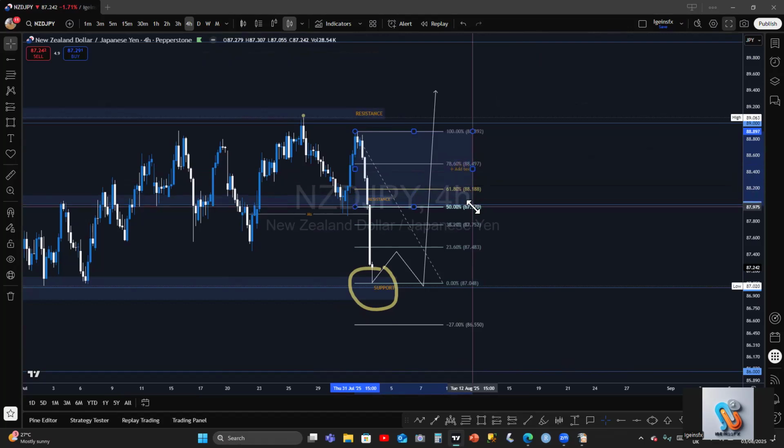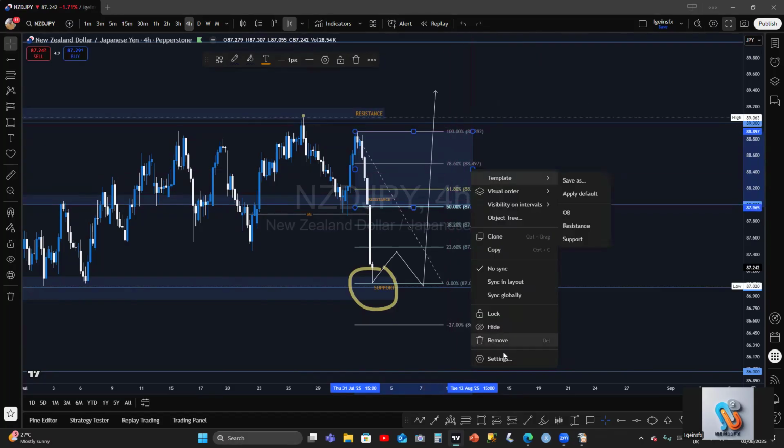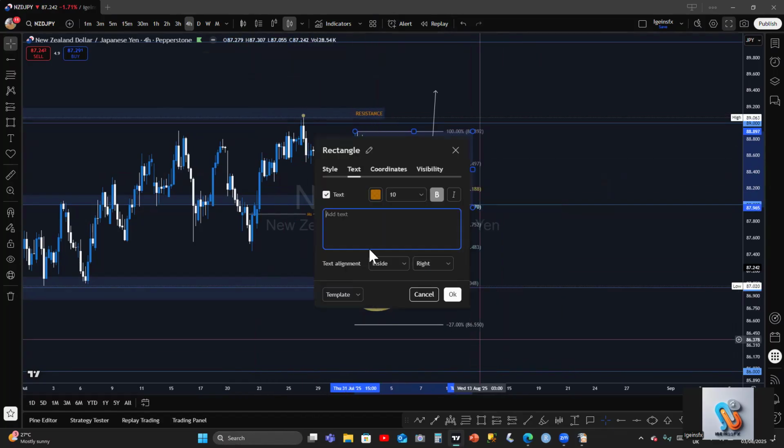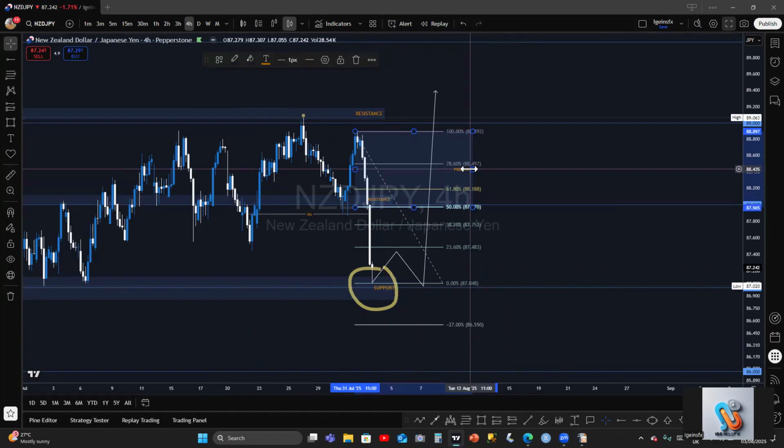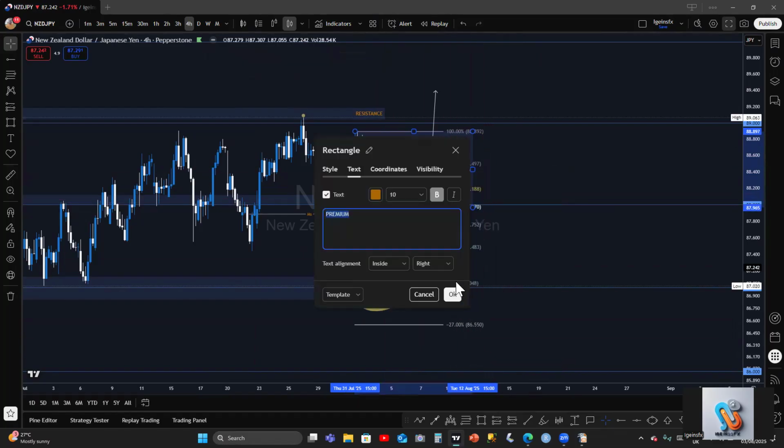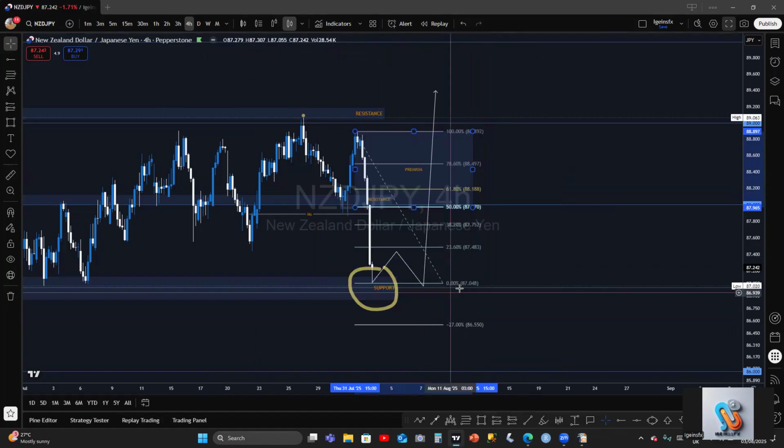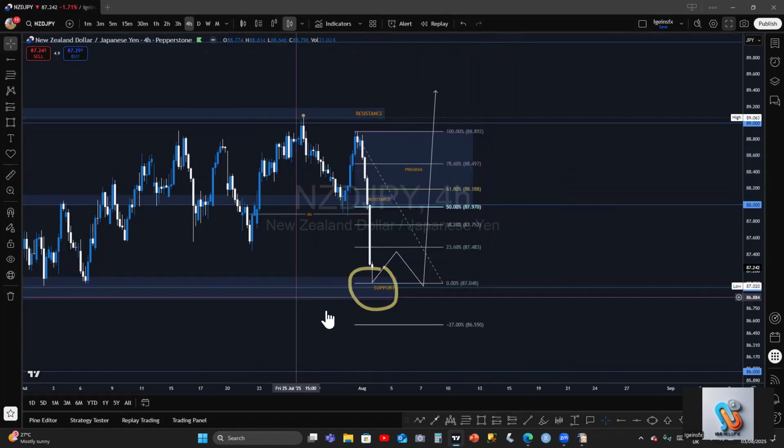The premium level is from this 50% to 100% here, because this is a push to the downside. So we are expecting price action to hold at this point.